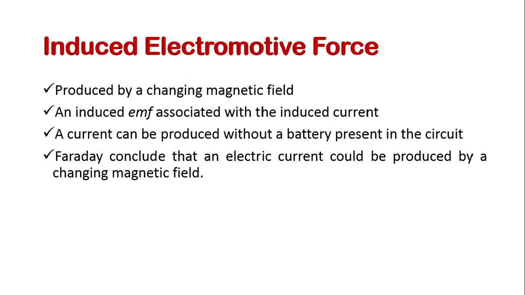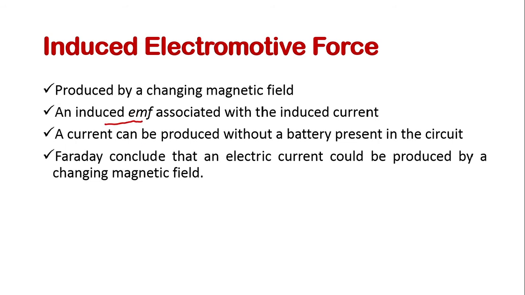Okay, so yang ini induced electromagnetic force produced by a changing magnetic field. An induced EMF associated with the induced current. A current can be produced without a battery present in the circuit. Faraday concluded that electric current could be produced by a change in magnetic field. Okay, so kita nak cerita pasal induced EMF.